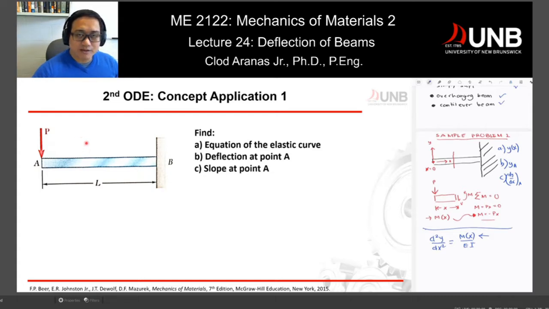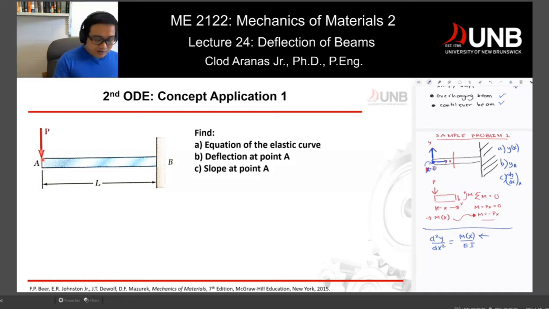We can cut our beam, and before we cut it, first we have to put a reference axis. In this particular case, if you have a cantilever beam, normally it would be at the end of your beam, which is at point A. My reference axis at this point: that's my y-axis, that's my x-axis, and x is equal to 0 at this point right here at the end.